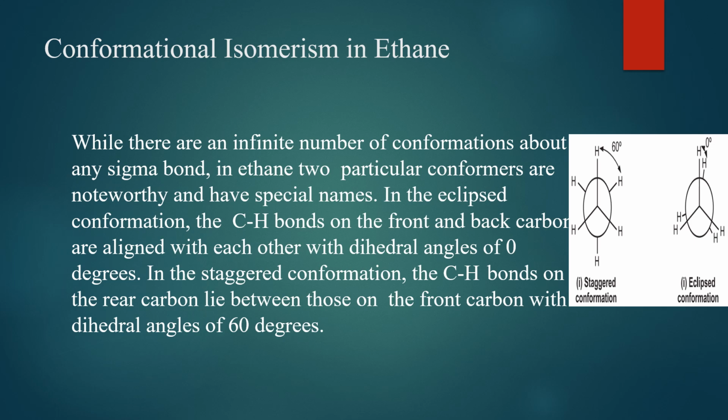In the staggered conformation, the carbon-hydrogen bonds on the rear carbon lie between those on the front carbon with a dihedral angle of 60 degrees. As we can see in the given picture, when an ethane molecule rotates about its carbon-carbon single bond, two extreme conformations can result, the staggered and eclipsed conformation. Here, we will discuss Newman projection to discuss the conformation.